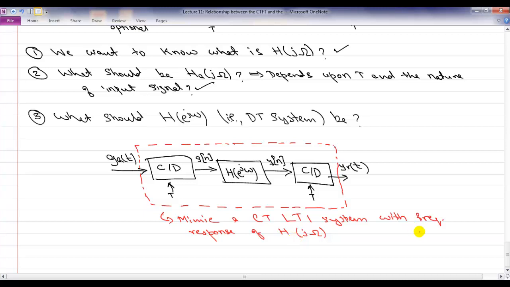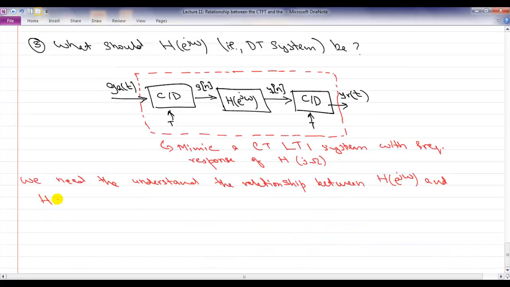To be able to do that, we need to understand the relationship between h of e to the j omega, the filter that you have, and h of j omega, which is the continuous time filter that you will end up getting.